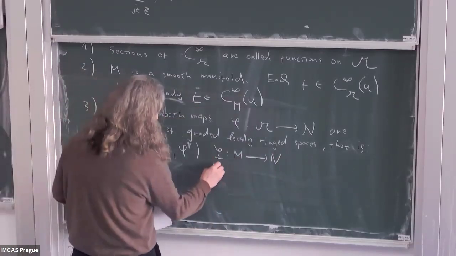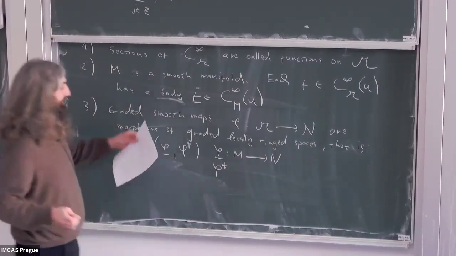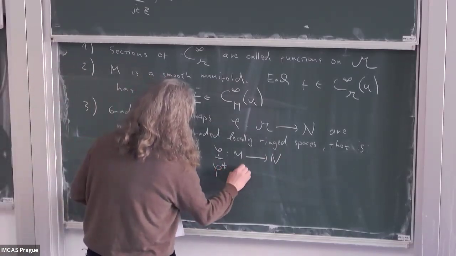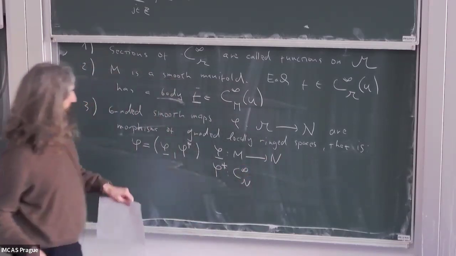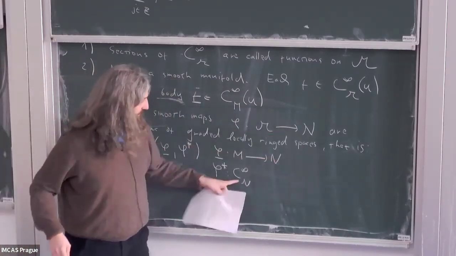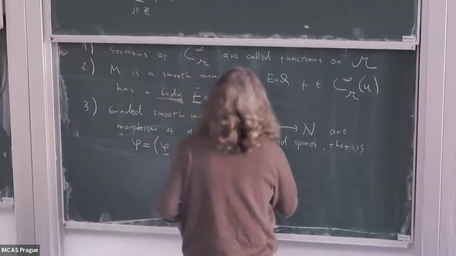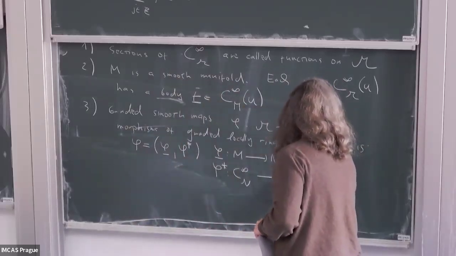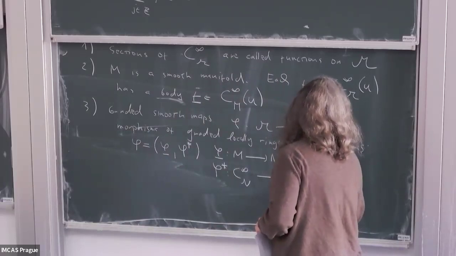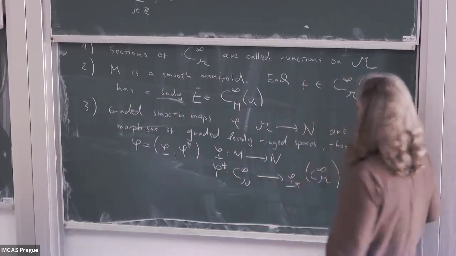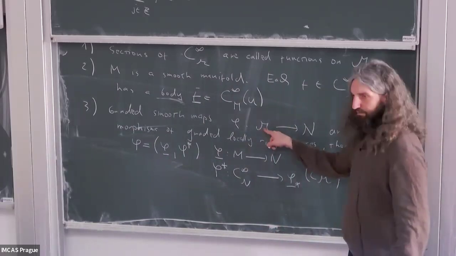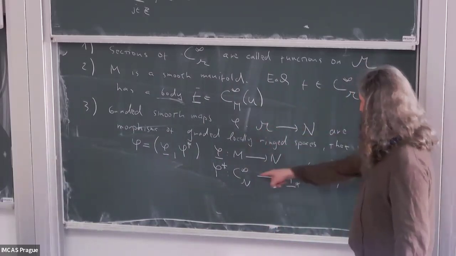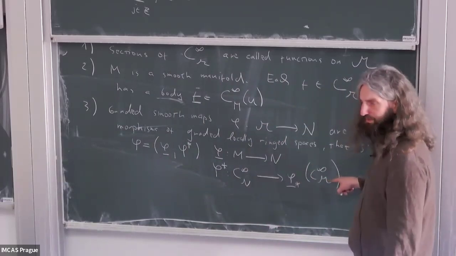And this phi star, which is called the pullback map, is a sheaf morphism from the structure sheaf of this guy, not into the structure sheaf of this guy, but into its push forward sheaf of functions, meaning you just have to make them into sheaves over the same topological space.